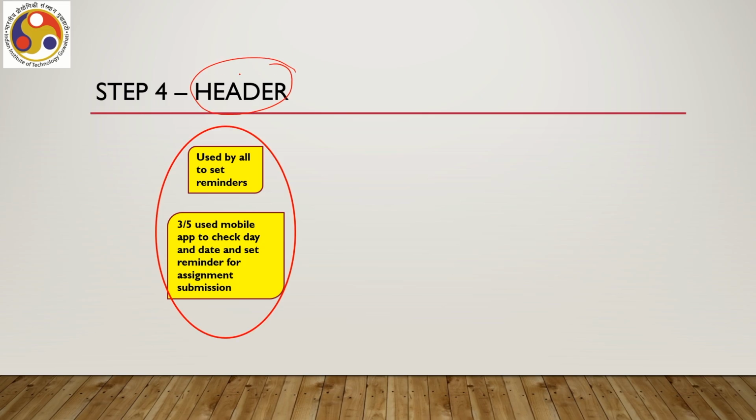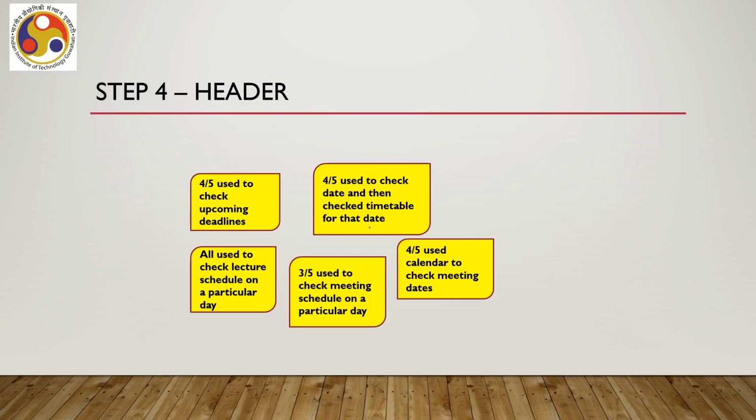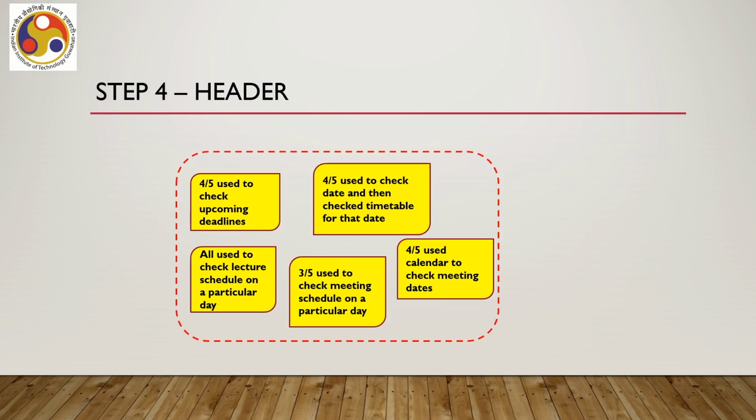So, for these 2 we can put a header reminder setting. For the remaining 5 we can put a header work scheduling. So, if we are putting a header like that, then all these 7 notes or 7 ideas can be grouped into 2 groups. One is reminder related, one is scheduling related.